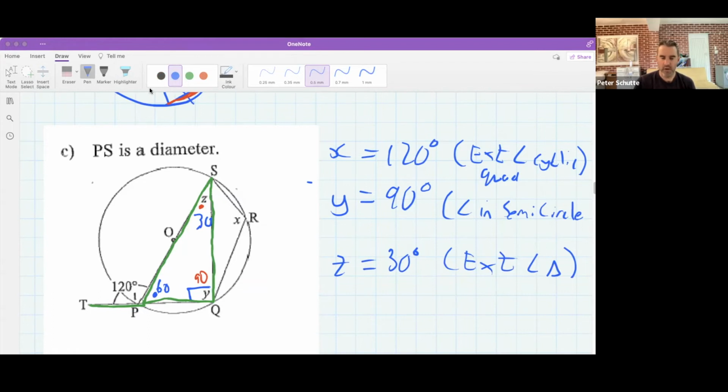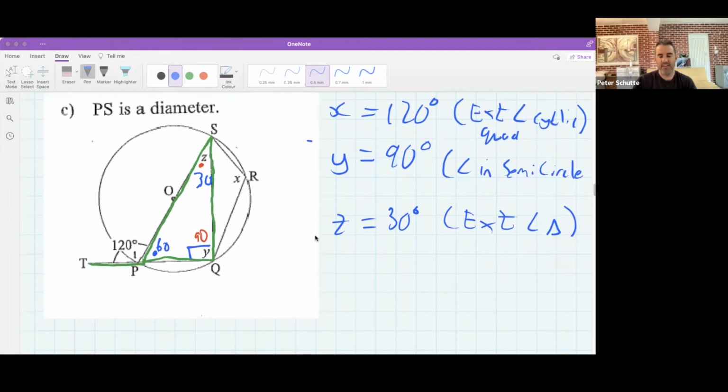Are there any questions or comments on that question? We're doing nicely. There's still plenty of cool stuff to do today. Dawn's asked, how did I get 90? There is a theorem, Dawn, that says that if you take the diameter, so let's say you have a circle and you've got the center and you draw a diameter.